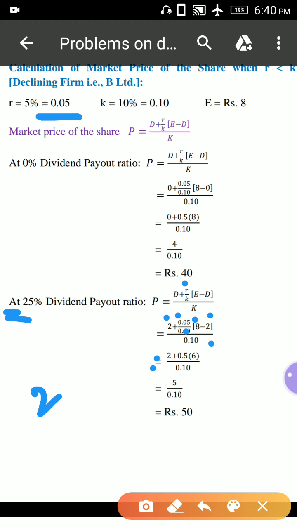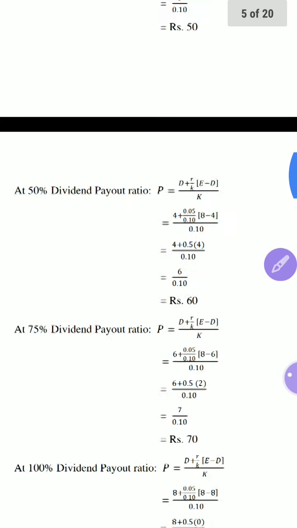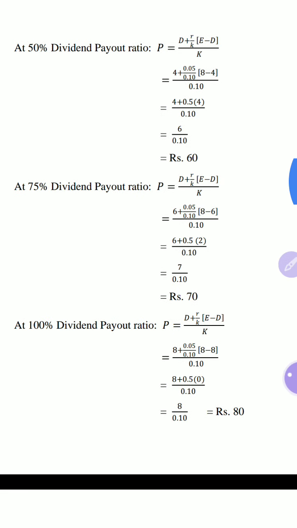That is 2 plus 0.05 divided by 0.10, which is 0.5 into 8 minus 2, that is 6, divided by 0.10. Now 0.5 into 6 is 3, 3 plus 2 is 5, 5 divided by 0.10 is 50 rupees. See here, the market price of the share is 50 rupees at 25% dividend payout ratio when R is less than K.